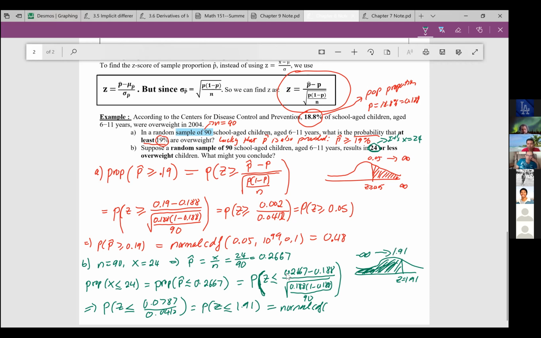So the command will be negative 10 to the 99, comma 1.91, comma 0, comma 1. All right, so about 0.972.